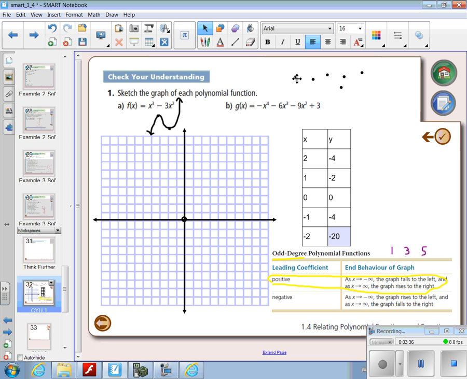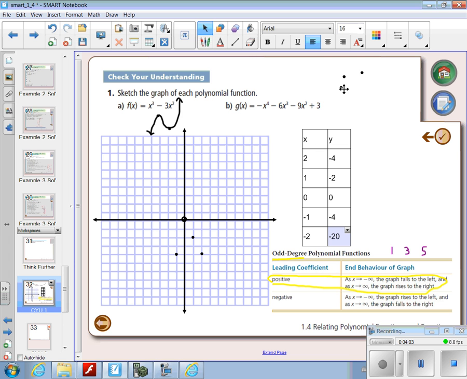So let's just plot those points. 2, negative 4 would go right here. 1, negative 2, we'll plot that right here. You should be drawing this with me now. We have 0, 0 already sketched. Negative 1, negative 4 right here.